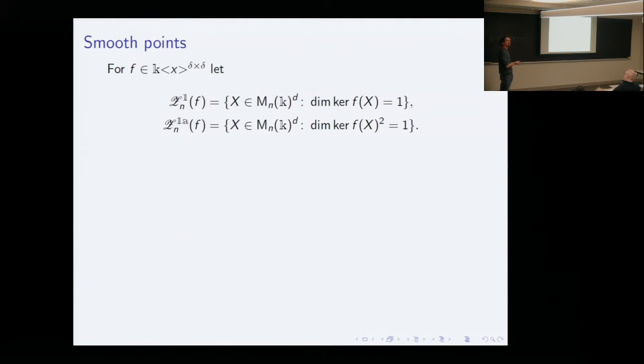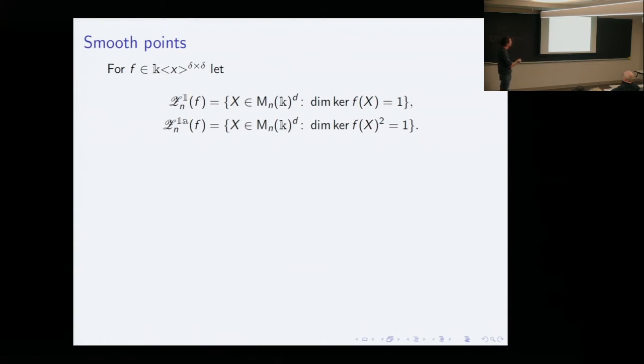And so this means that 0 is an eigenvalue with geometric multiplicity 1. And then you also want to say something about algebraic multiplicity. So what does it mean that f of x has algebraic multiplicity 1? Well, it's this condition here. So we look at these simple points in some way.